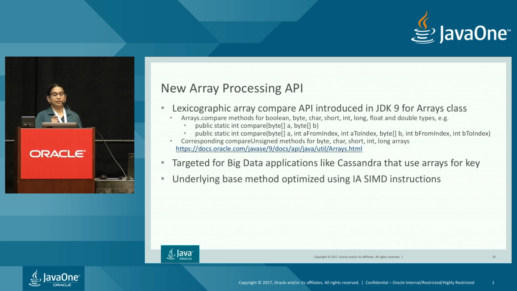The array compare is used in Cassandra and HBase for key comparison. For example, Cassandra uses blocks of size 8K or 64K.